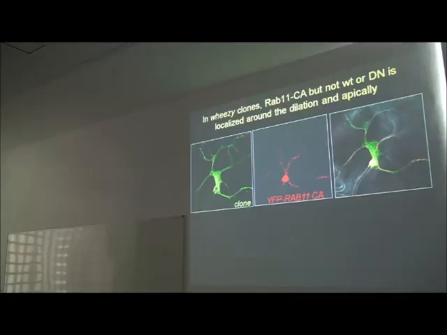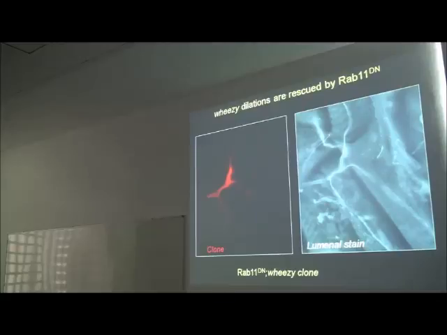So we've confirmed our staining against the endogenous RAB11 with this transgene. And interestingly, it seems like the effect is specific for the active form of RAB11, so the GTP-locked form.